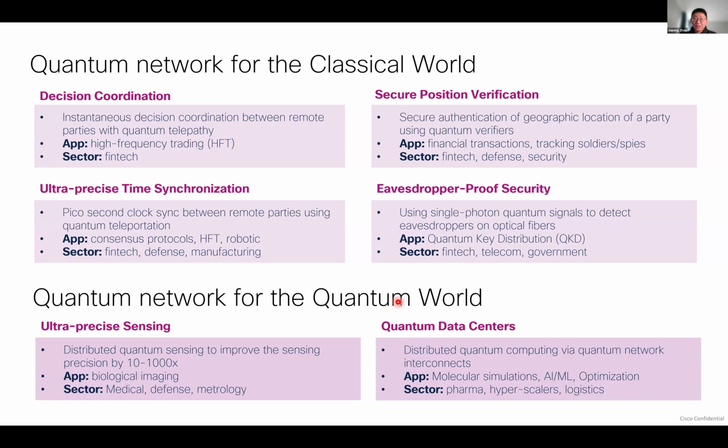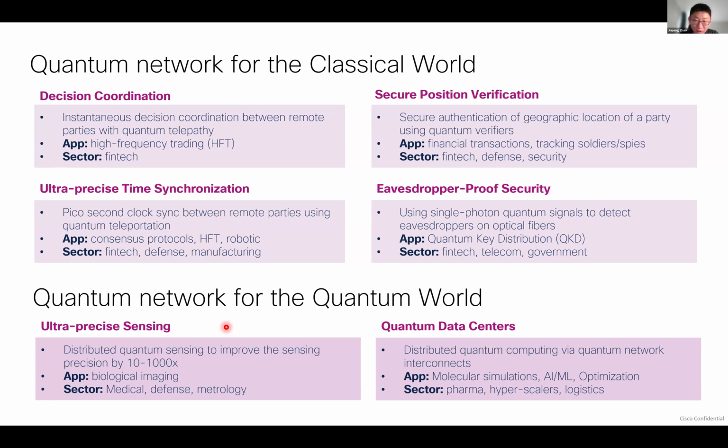Besides these four classical applications, we are mainly working on two major distributed quantum information applications. The first one is ultra-precise quantum sensing. This distributed quantum sensing is mainly aiming at going beyond the classical limit, so that we want to reach the Heisenberg limit.